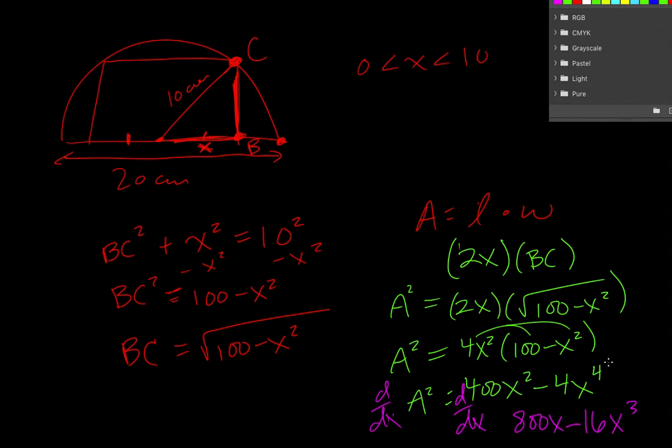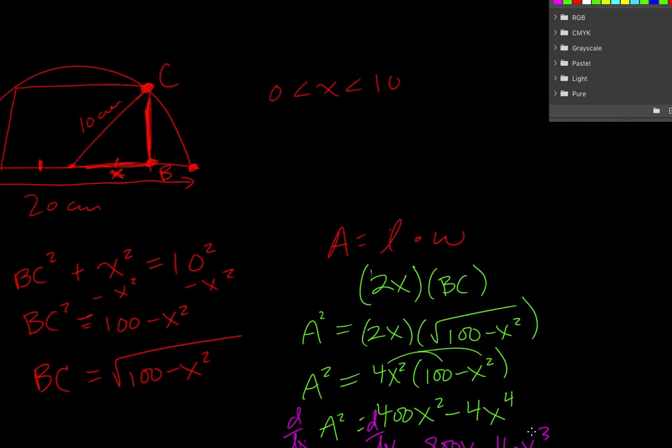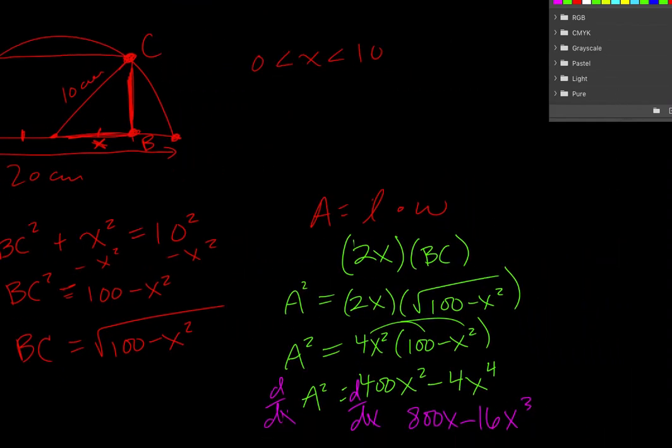And from there, we can factor out 16. So we get 16x on the outside, and that leaves a 50 minus x squared. And then if we set it equal to 0, we're going to get 16x times 50 minus x squared is equal to 0.